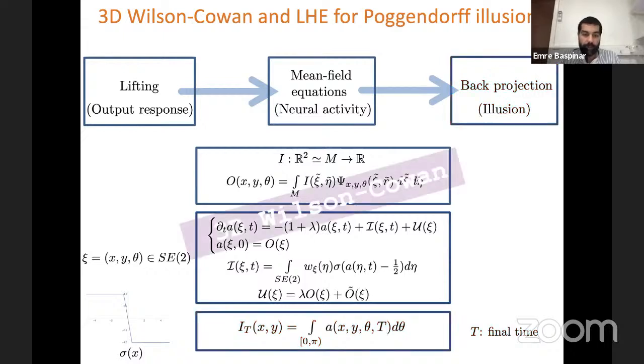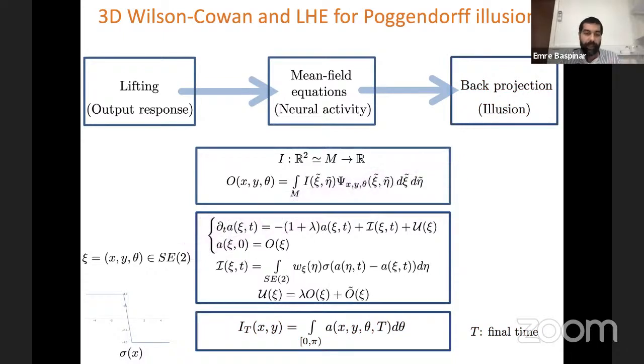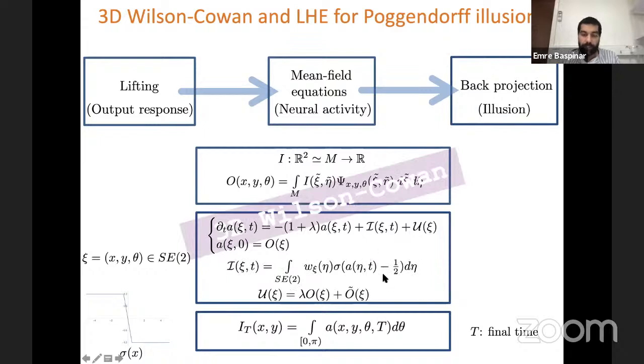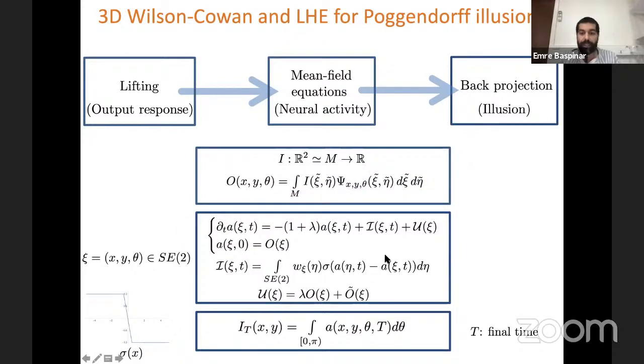This algorithm was named three-dimensional Wilson-Cowan, and the second algorithm, three-dimensional local histogram equalization, follows quite a similar approach. However, the only difference is that now the input of the firing activity is no longer the relative neural activity with respect to the average gray, but rather the localized differences of the evolving neural activities. This small change had important consequences, as Bertalmío, Caselles, Provenzi, and Rizzi showed in 2007.